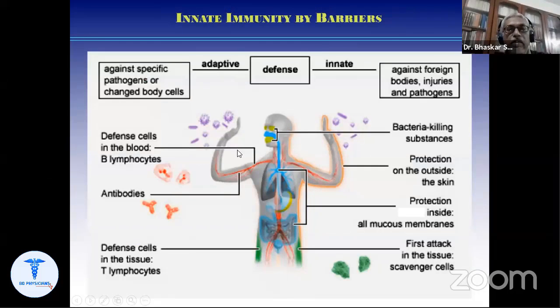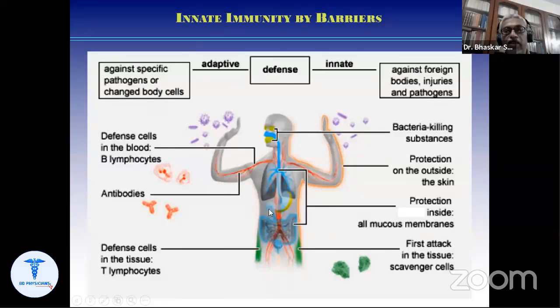So innate immunity works as barriers. That is one modus operandi. Here we know that the innate immune system is against foreign bodies, injuries, and pathogens. Then there are bacteria-killing substances, the antimicrobial peptides, and then protection on the outside, that is the skin, and protection inside, all the mucous membranes, and the first attack in the tissue is by the scavenger cells.